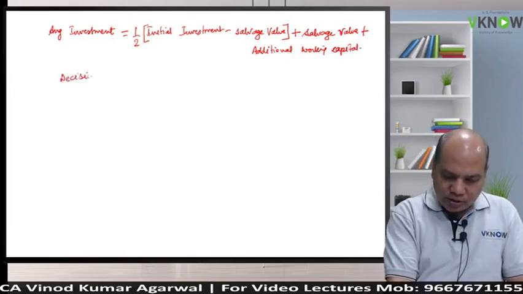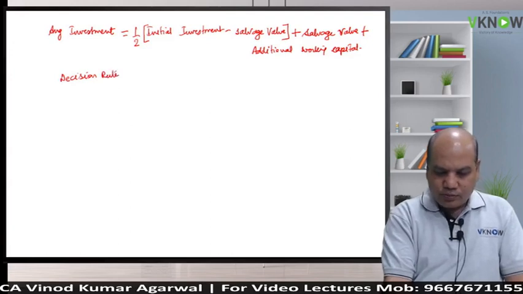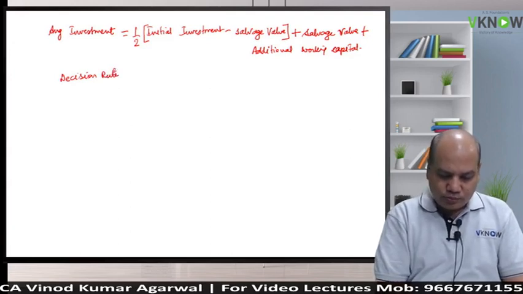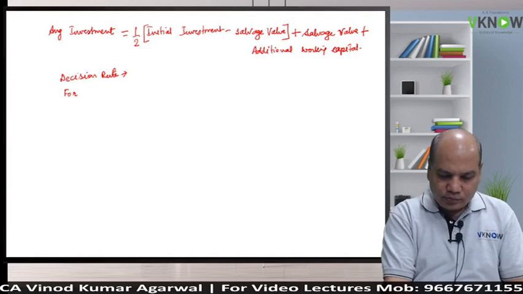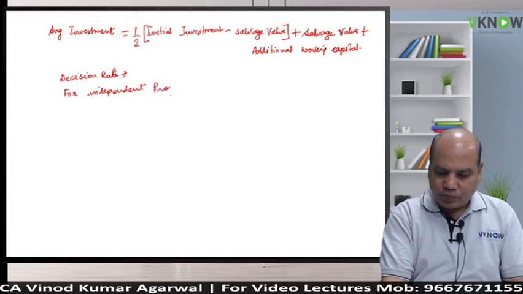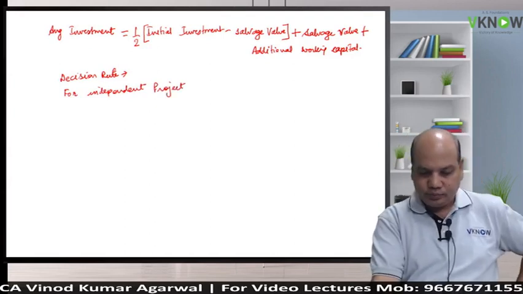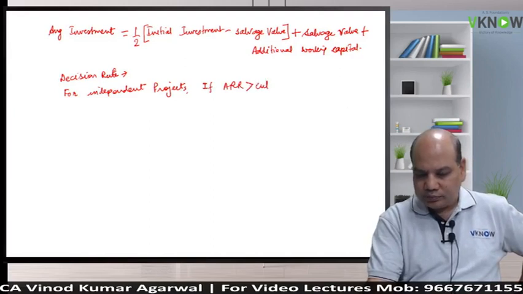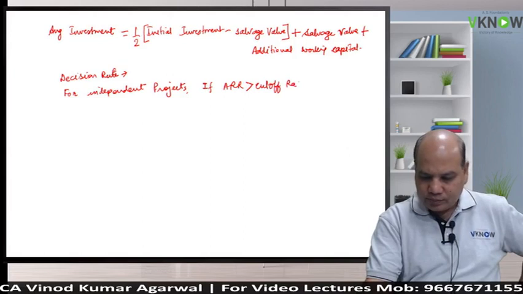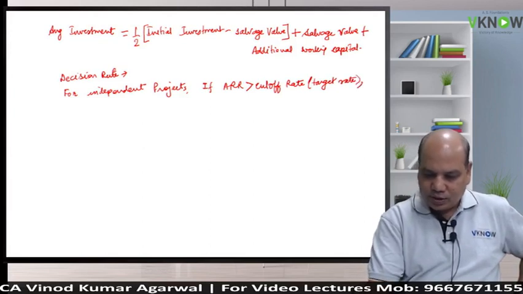So how do you take decision? Decision rule for independent projects: if ARR is greater than cutoff rate, means target rate, desired rate, accept the proposal.